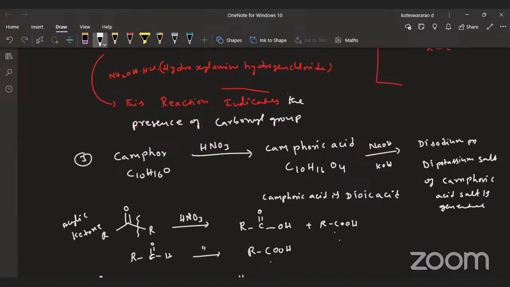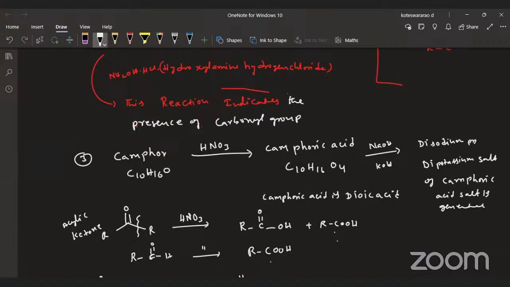The formation of a dicarboxylic acid or dioic acid is only possible if the ketone exists as a cyclic ketone. If it is an acyclic ketone, it leads to a mixture of carboxylic acids, but that is not happening in this reaction. Therefore, camphor is not giving any mixture of carboxylic acids, but only a dioic acid.